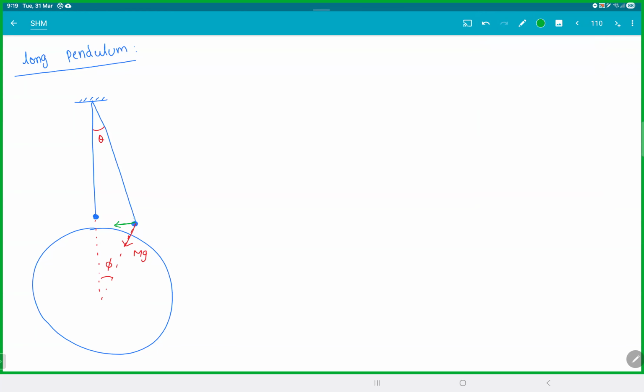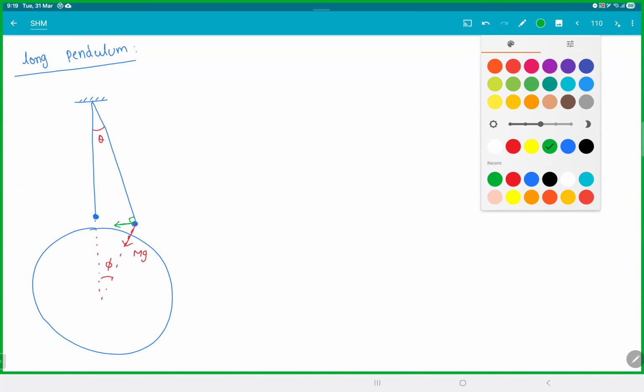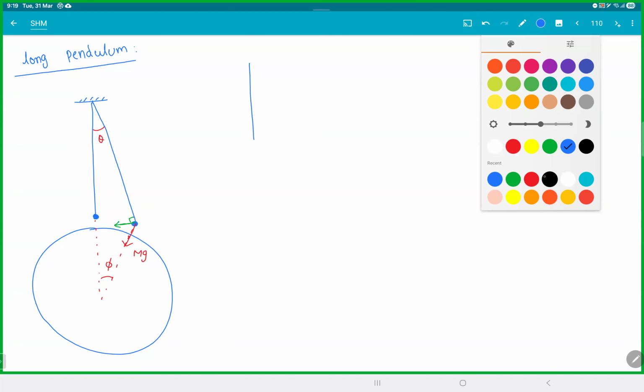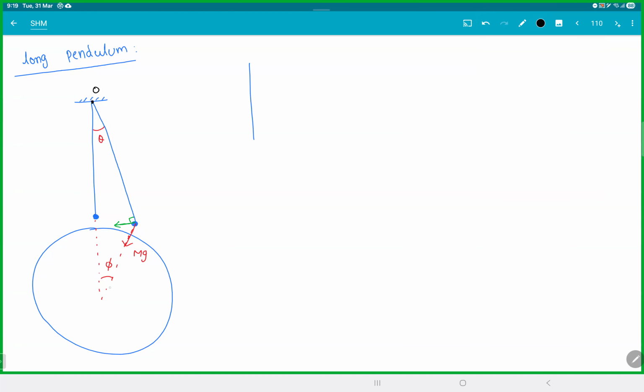So this would be 90. And how do we get that angle? You can just make a small triangle there. You will see. I'll name these points. I'll call this O, this is C, and this is that particle M. This was angle theta, this was angle phi, and this angle will be 180 minus theta plus phi.